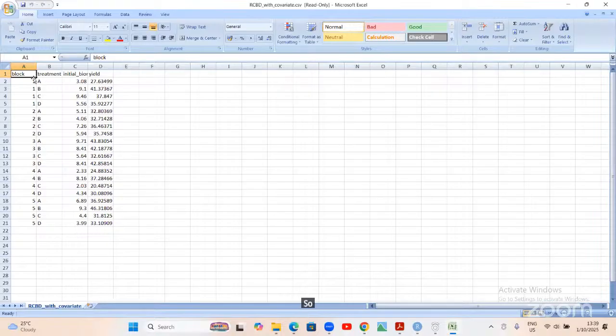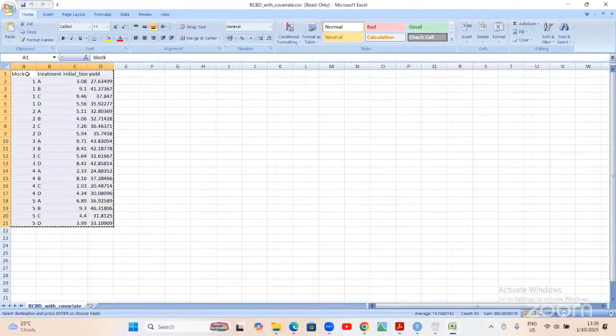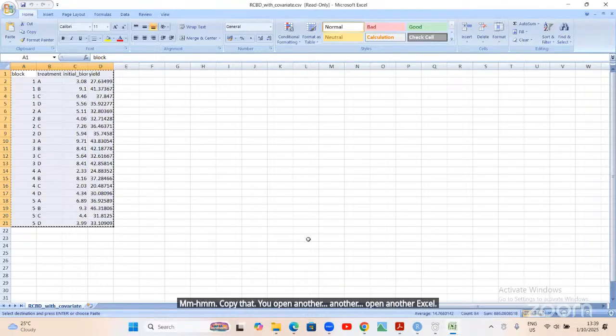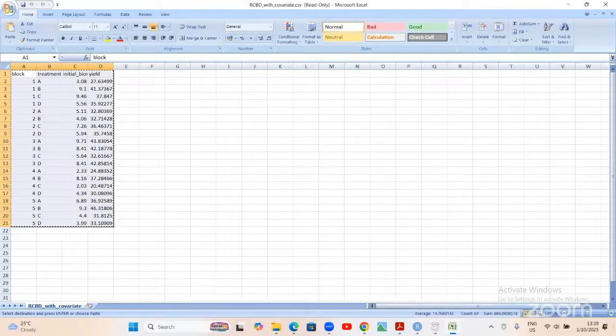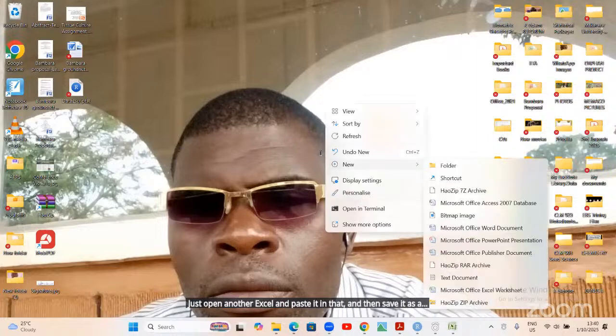Okay, can you just copy the whole thing? Just copy that. Right, I've copied. Open another Excel. Just open another Excel and paste it in that and then save it as another file.